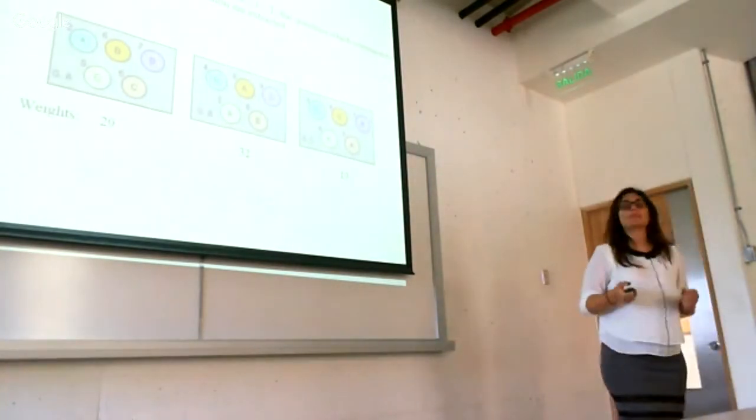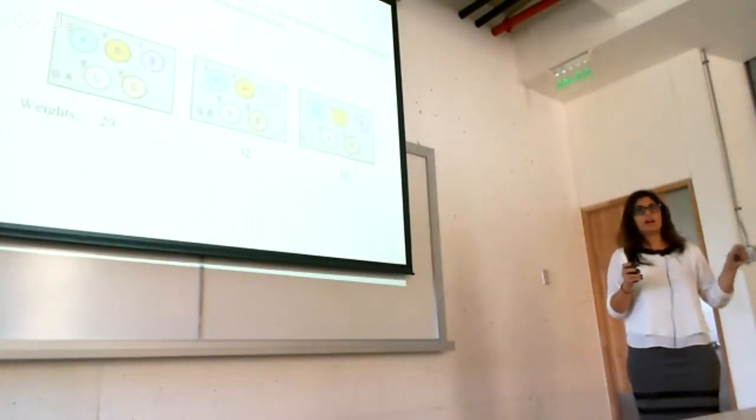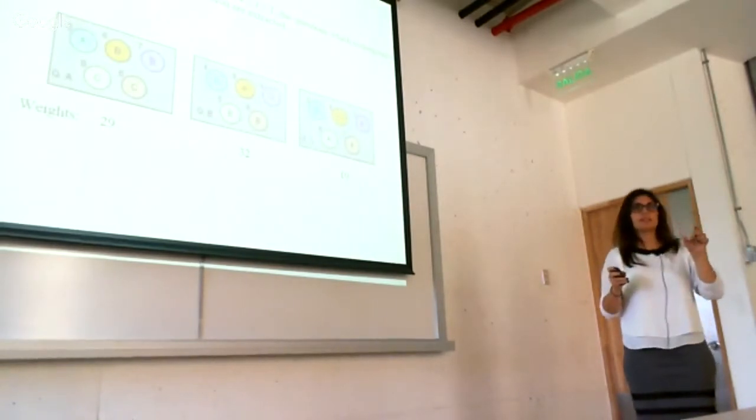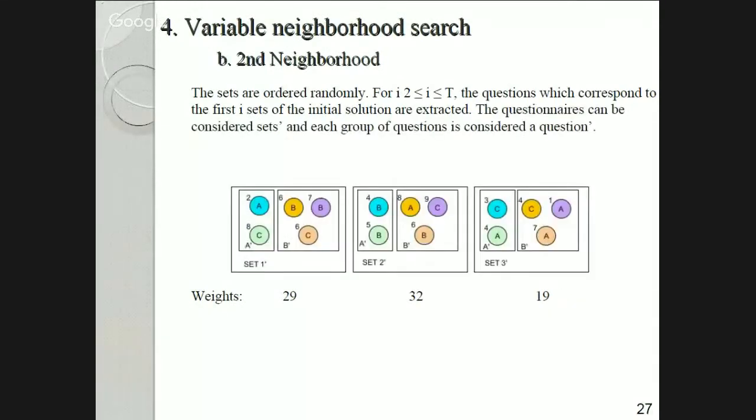Then for the second neighborhood, we do something very similar, but instead of deassigning one set and reassigning it, we deassign and reassign groups of sets. For example, I separate these two sets, and I deassign them. But we don't reassign them one by one.